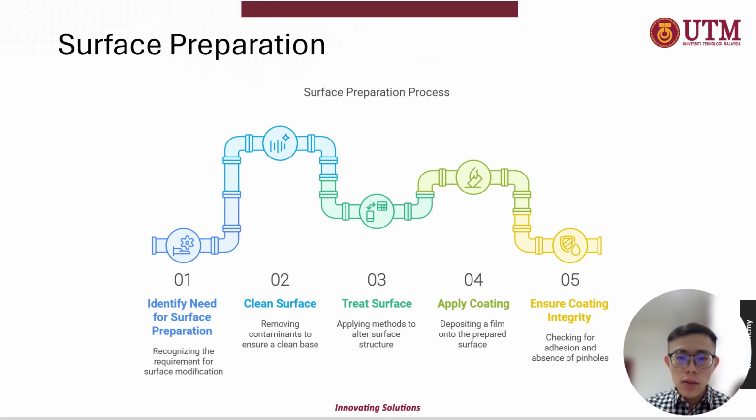Then we look into the treated surface layer, applying methods of altering the surface structure. Then number 4, we apply the coating, that is a deposition of a film onto the prepared surface layer. And the last checkpoint is ensuring the coating integrity, by checking for any adhesion problems or absence of pinholes.